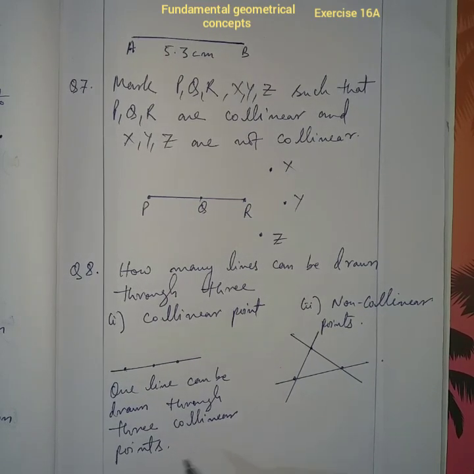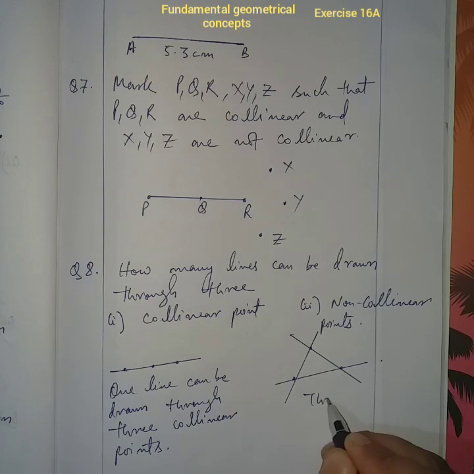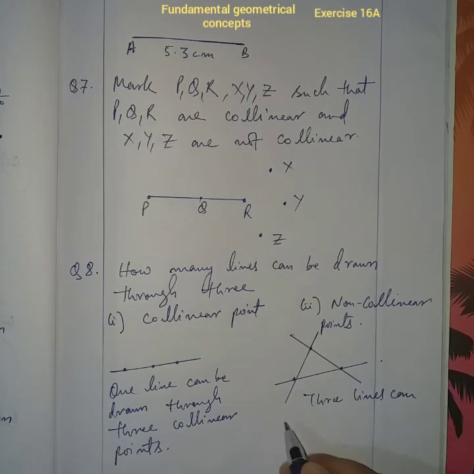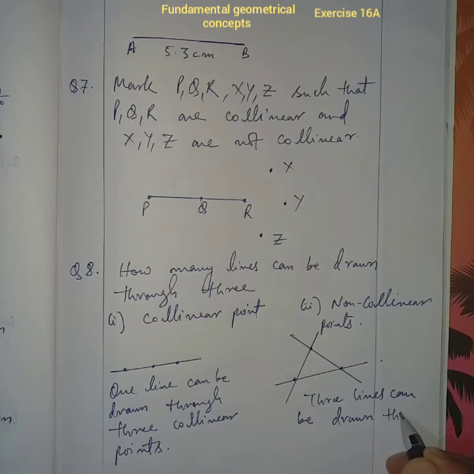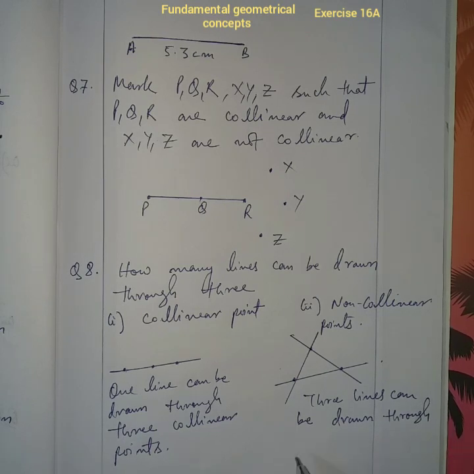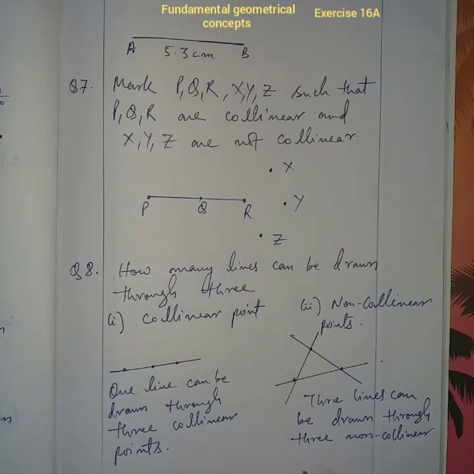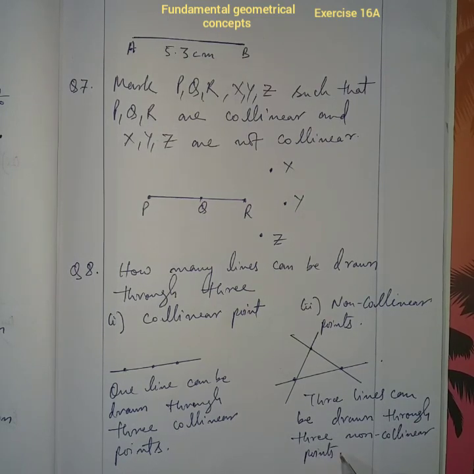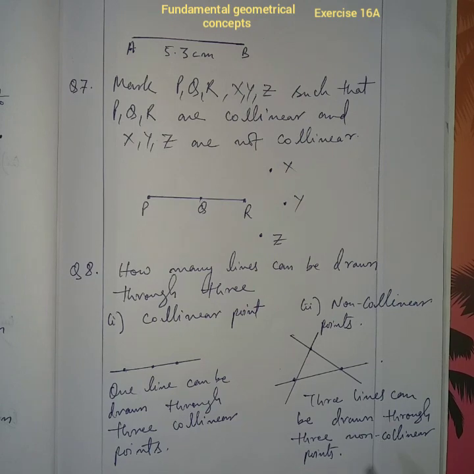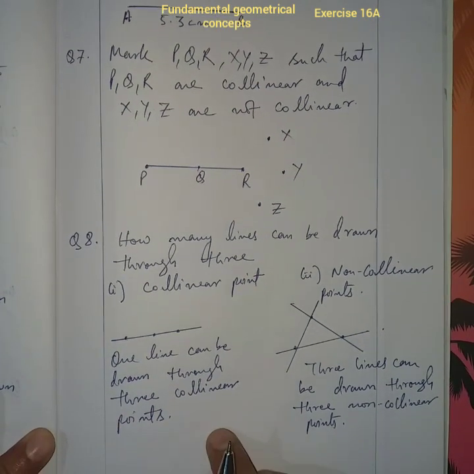Okay, and here three lines can be drawn through three non-collinear points. So now next is question number 9. Okay, I think you have understood this.